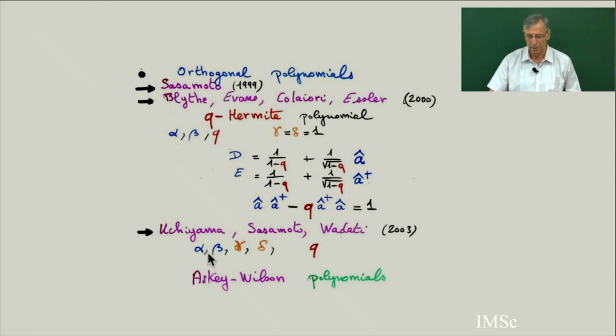This becomes more complicated. But the main thing is alternative tableaux are strongly related to this relation alpha beta q with the q-Hermite and also the q-Laguerre. These operators are related to Hermite polynomials, and the operators D and E are related to Laguerre polynomials.